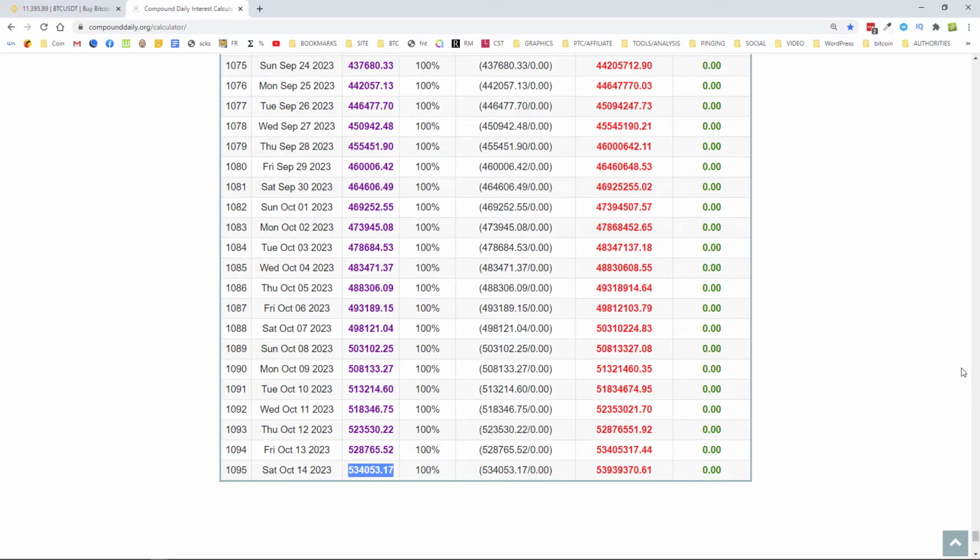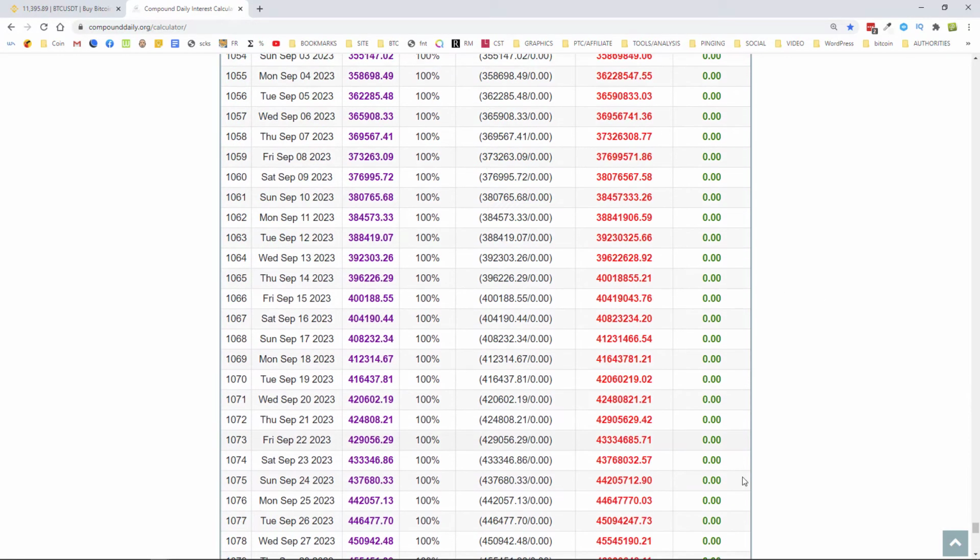Some days I've been making 1.6%, 1.7%. Okay, so these numbers could be, in a perfect world, a lot bigger. All right, but they could be a little bit smaller as well.